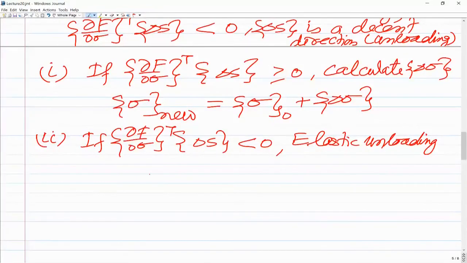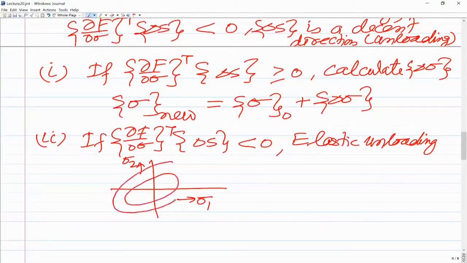So let me again show through the two-dimensional yield surface for the isotropic hardening case. Let us say we have sigma 1 and sigma 2, and then we have the initial yield surface and the yield surface of the previous iteration. When you are unloading, you are moving inside the current yield surface. Suppose you are coming from somewhere here to here. That is one possibility: you are remaining within the previous step yield surface.